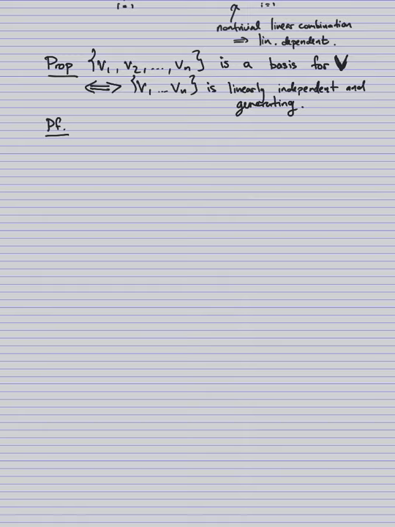Okay, so the first direction: if you have a basis, it's pretty easy to see that it has to be independent and generating. Well, bases are generating, just from the definition.